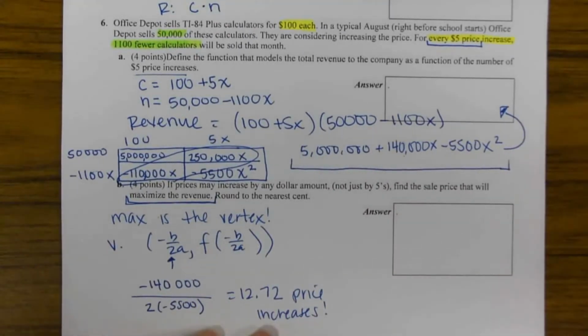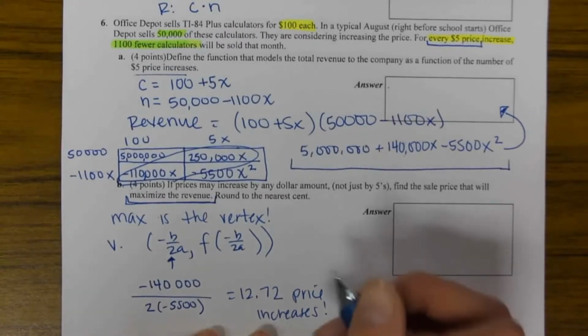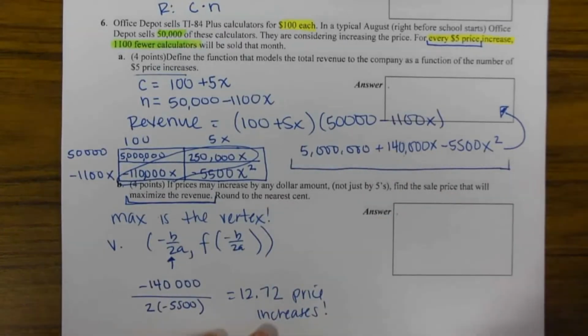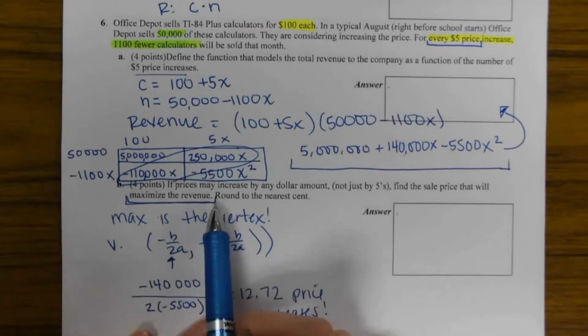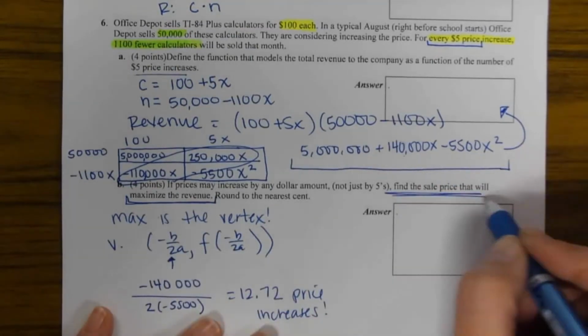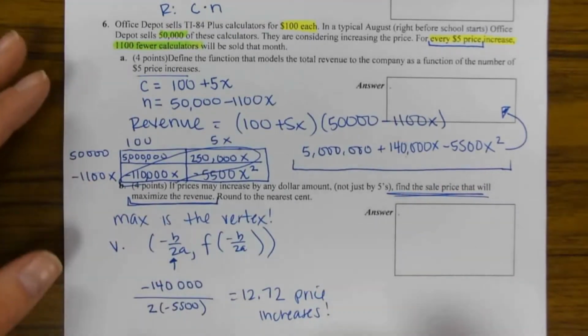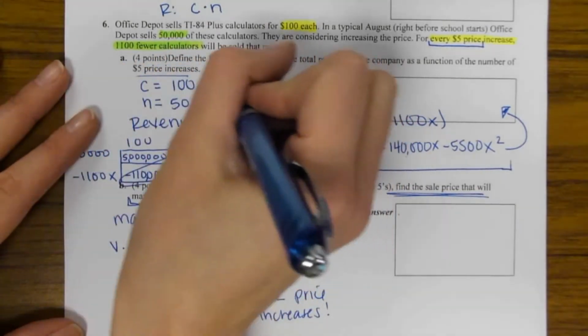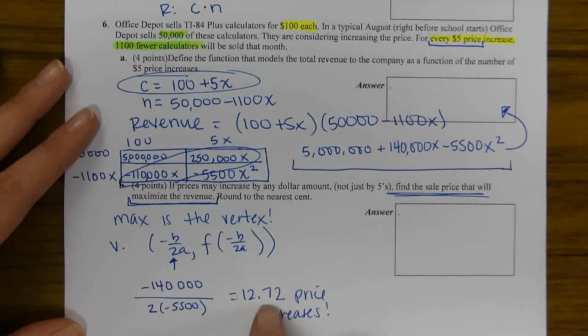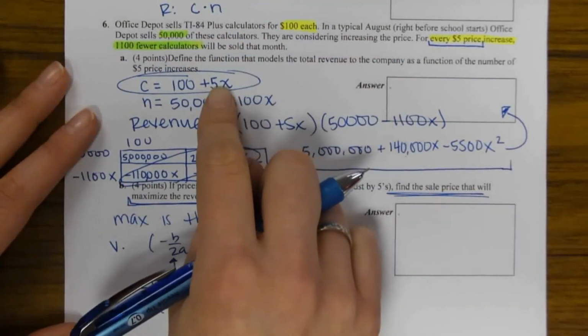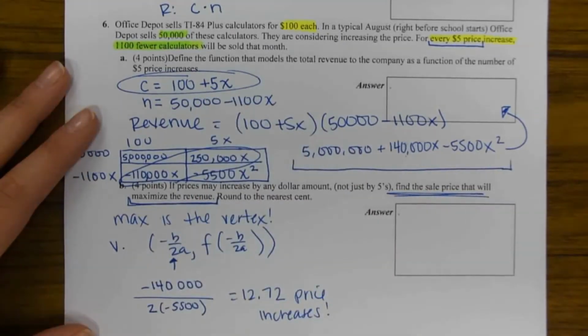So 12.72 price increases to get to our maximum, which means 12 increases would be a $60 increase. And then 0.72 is going to be 0.72 of $5. So we want to find what is the sale price. Well, here's our cost equation. Let's plug this in to our cost equation to get how much we should sell each of these calculators for.